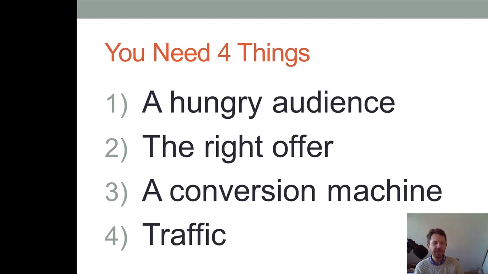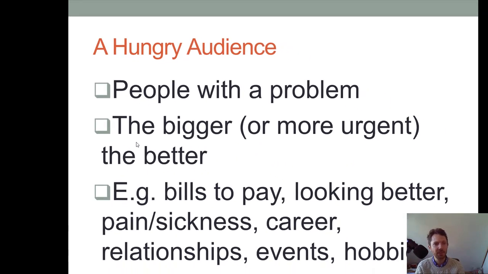So the first thing is, people talk about niches and all that kind of thing, and that's all cool, but you really have to narrow down and specify the precise person that you're trying to target. Okay, so let's have a look. A hungry audience is a person with a problem.